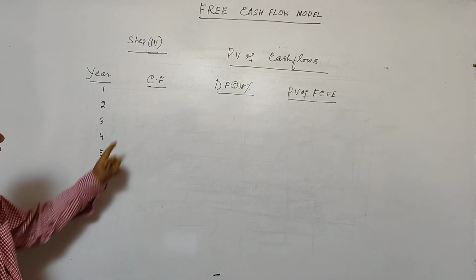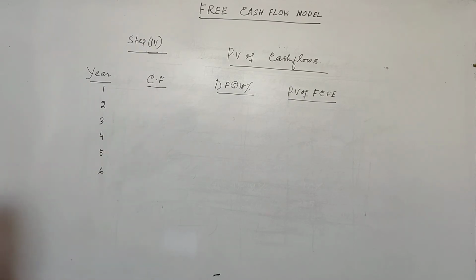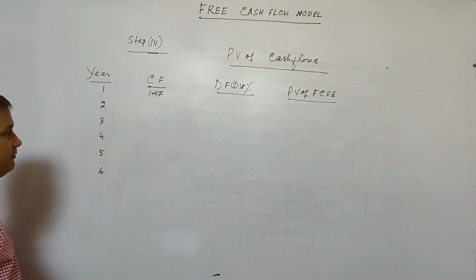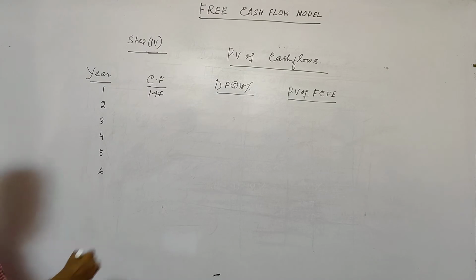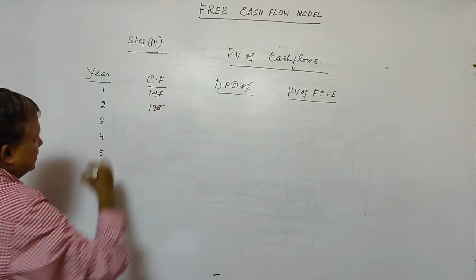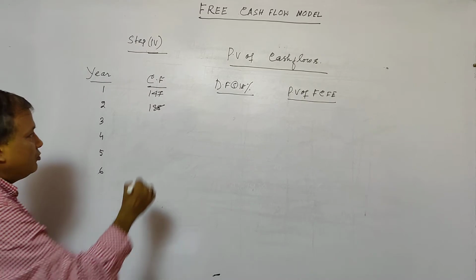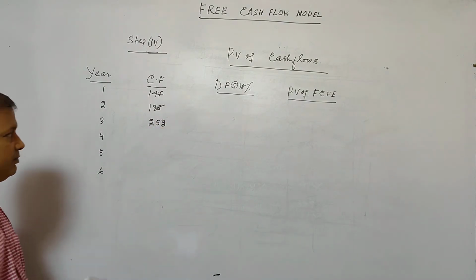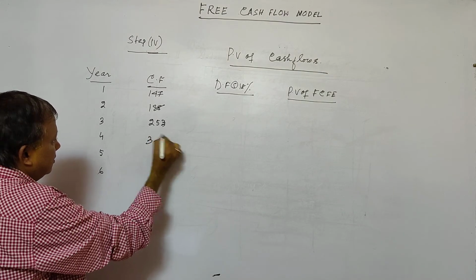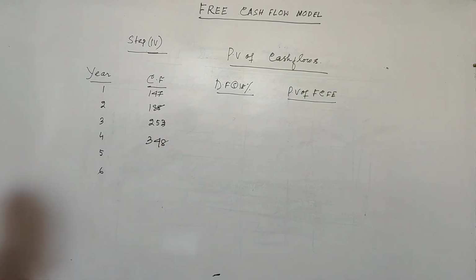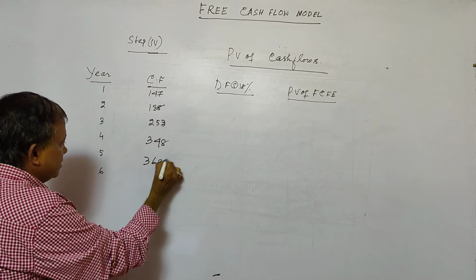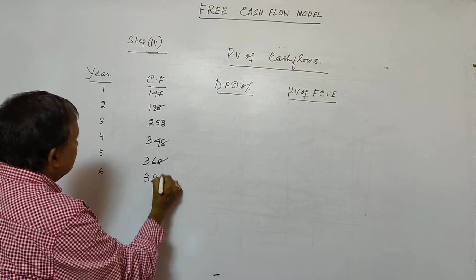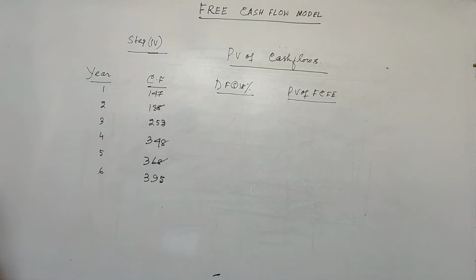So the cash flow for the 6 years: this is end of first year, then comes 188, then 253, then comes the 348. Please see your notebook. 368 and 395. This already we have found out.